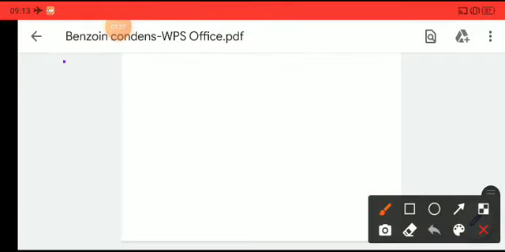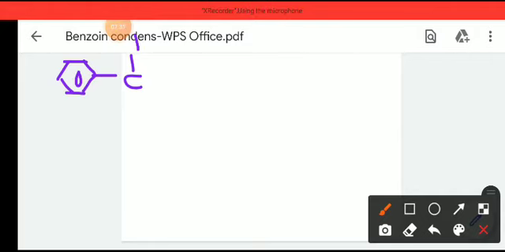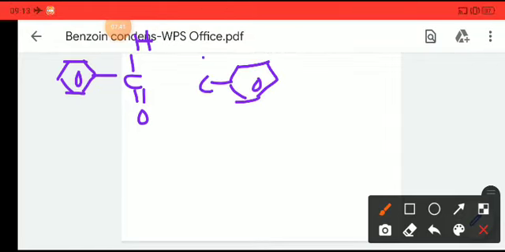Suppose this is the benzene, so C, hydrogen double bond O, as well as this is also benzene, this C double bond O, single bond H. Okay, so what happens?